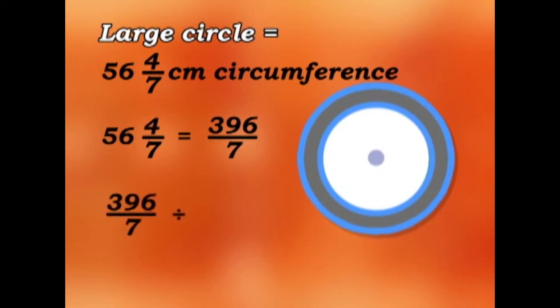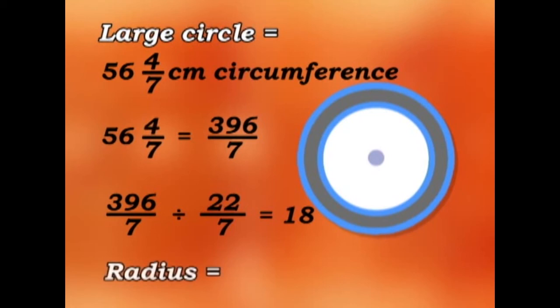Now if we divide 396 sevenths by 22 sevenths, we get 18. So we know that the larger diameter is 18. The radius of a circle is always half the diameter, so the radius is 9. We're halfway there.